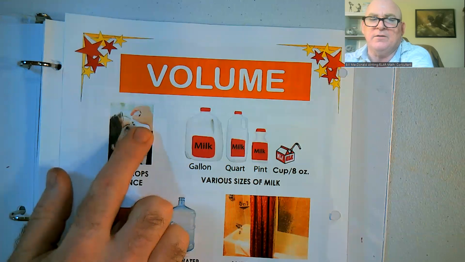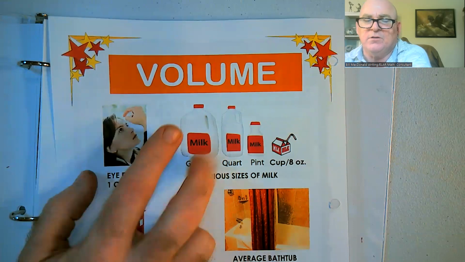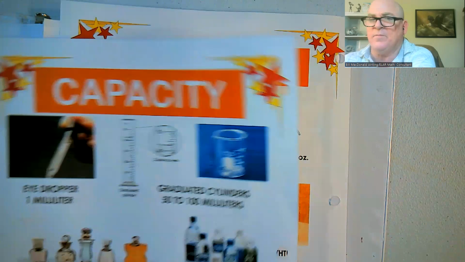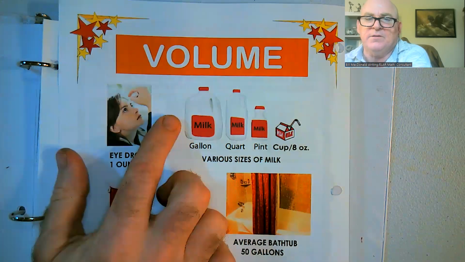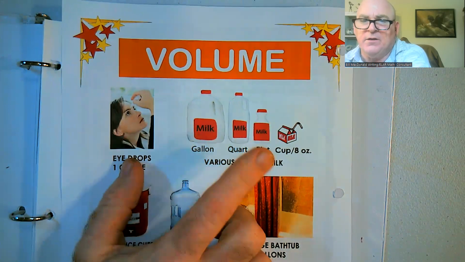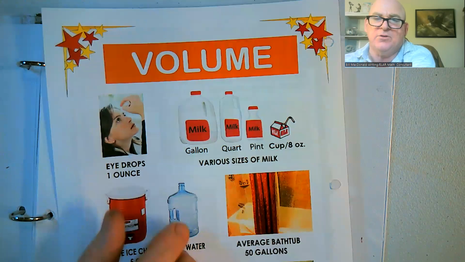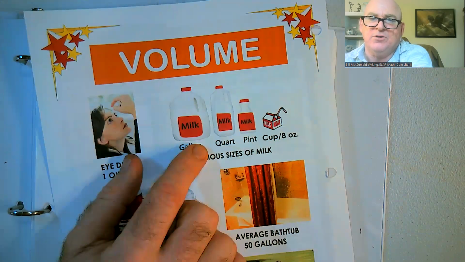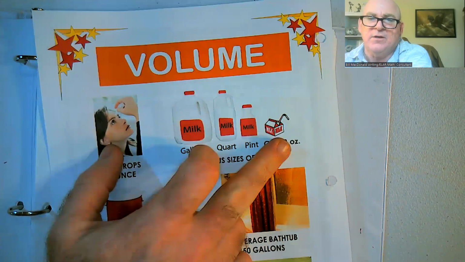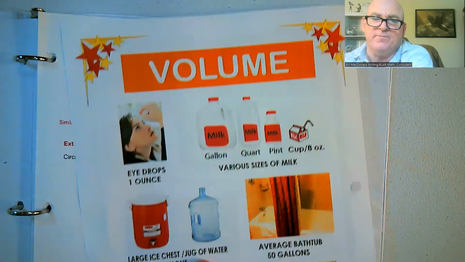And you can look on the container, are they measuring in standard units that we'll call volume, or are they using capacity? All right, typical things: a gallon, 1 quart, 1 pint, and 1 cup/8 ounces. That has to do with milk. The 2 milks that your students will see the most are a gallon of milk at their house and a cup or 8 ounces in the cafeteria.